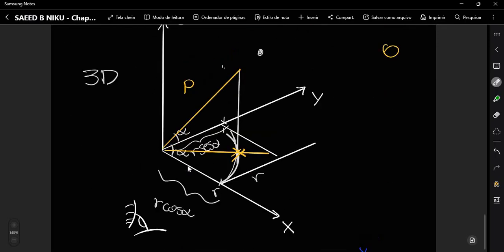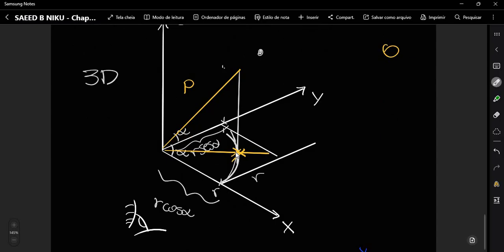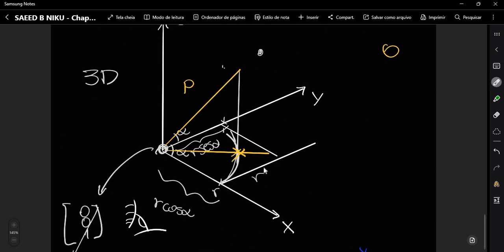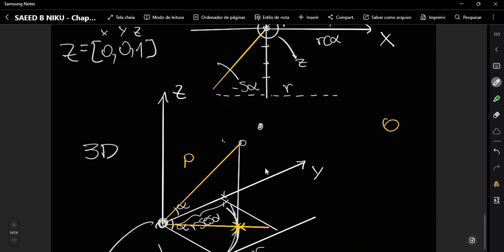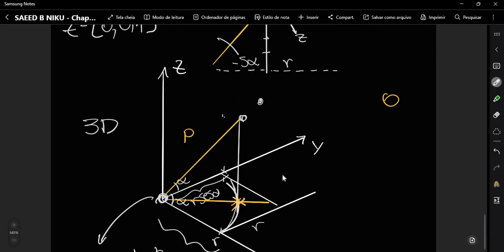So this column is this origin. This is for x. Okay, and this point is this first column, if our guess is right.